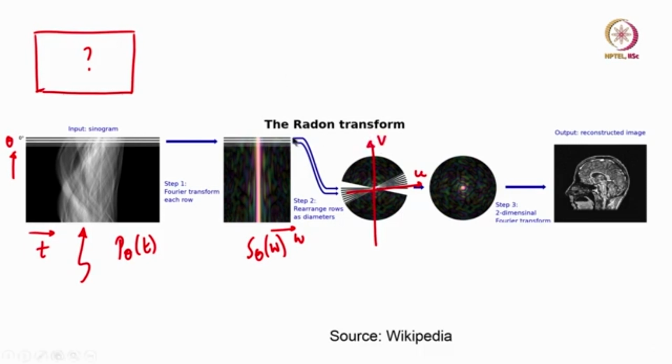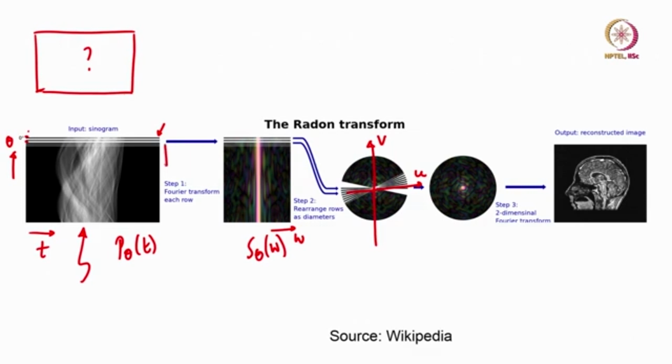For example, this stack gets put here and this stack gets put from here over here and so on, depending on the angle. Depending on the vertical coordinate on the sinogram, you orient this at a suitable angle in the UV plane.